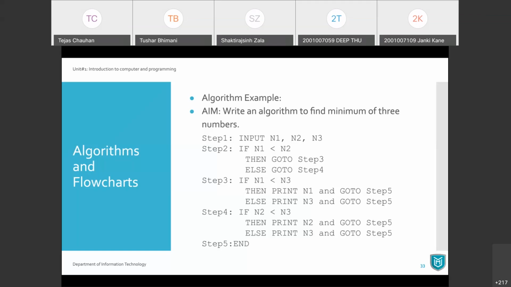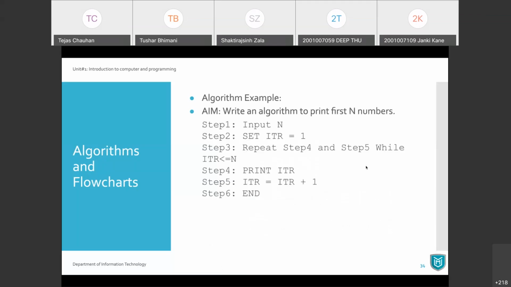So there are different ways to go about it. Well, right now what we are learning here is algorithms. So this is another example of writing an algorithm where we have a number of if then else statements. And after that we looked at the repetition example, an algorithm where we repeat some steps based on a condition.